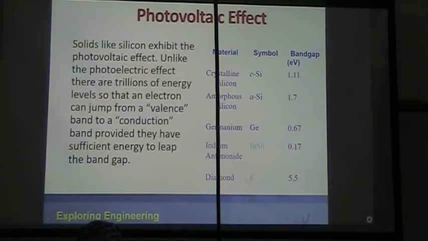And diamond, which is just carbon that is stacked in what is literally the most boring way possible, has a band gap of 5.5. Now, when our light hits our solar panel, the band gap has to be close enough that the light creates the energy to jump the band gap.